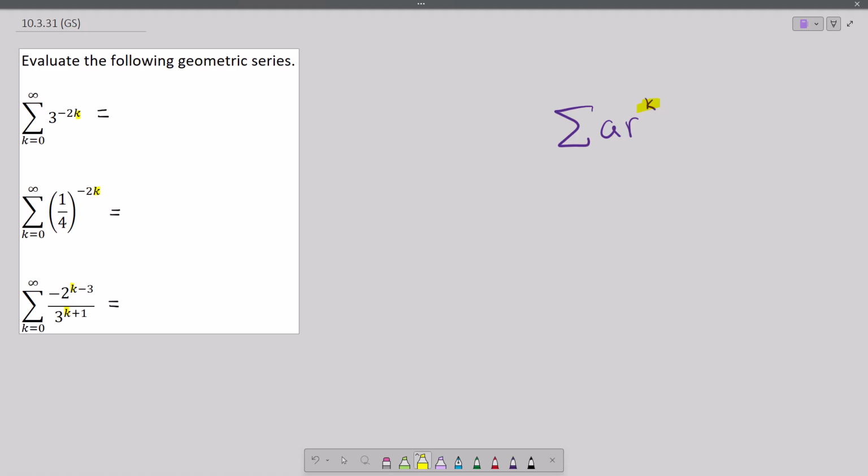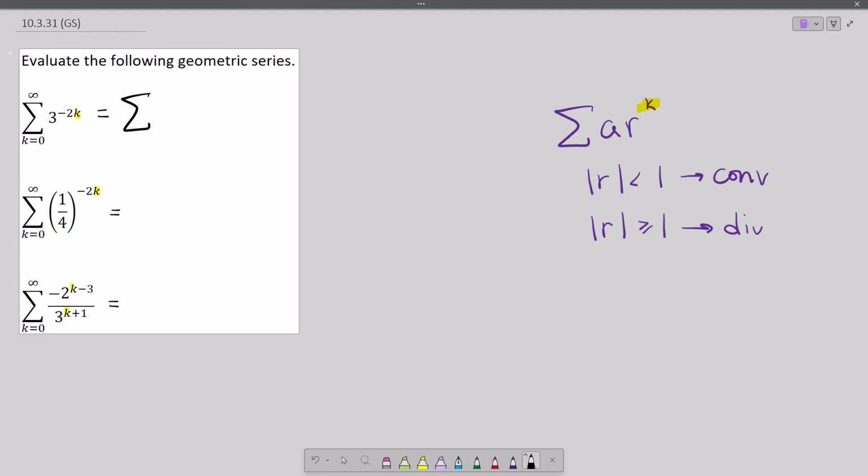So to put this in our geometric form, we know that if the absolute value of r is less than 1, we get convergence. And if the absolute value of r is greater than or equal to 1, then we get divergence. So we want to rewrite these into that standard form where it's transparent.